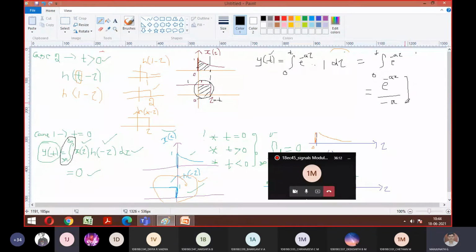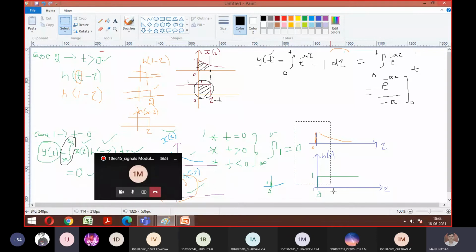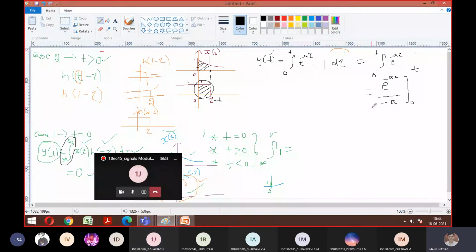So I need to apply the limit 0 to t. After applying the limit 0 to t, tell me what is the answer? e power minus at minus 1, divided by minus a. Good. So now you should not write tau, because tau is replaced with t.